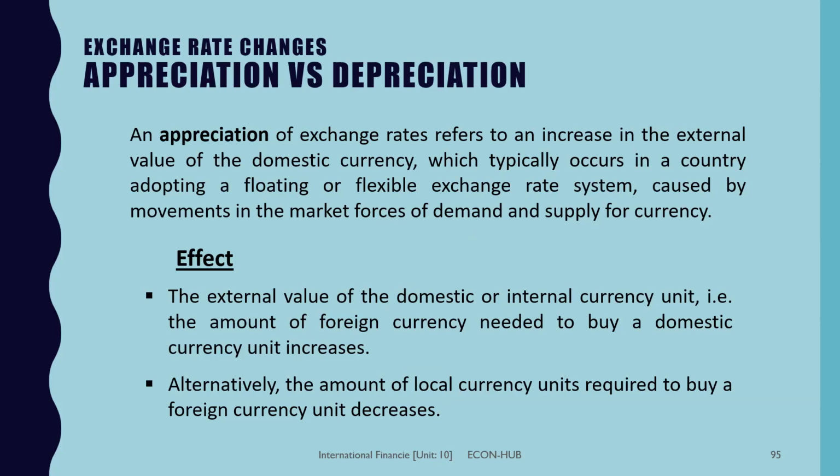Got it? Then on the other hand, alternatively, the amount of local currency units required by the foreign currency will decrease. The two methods that I explained to you earlier, right?